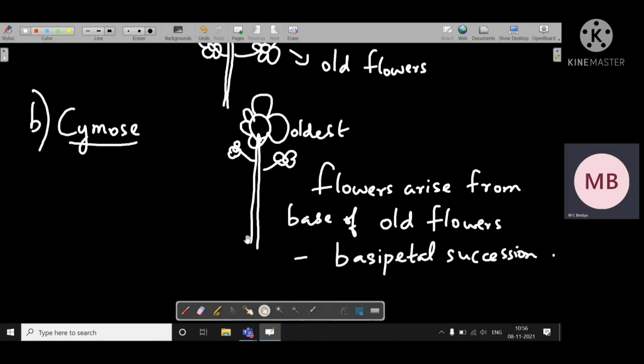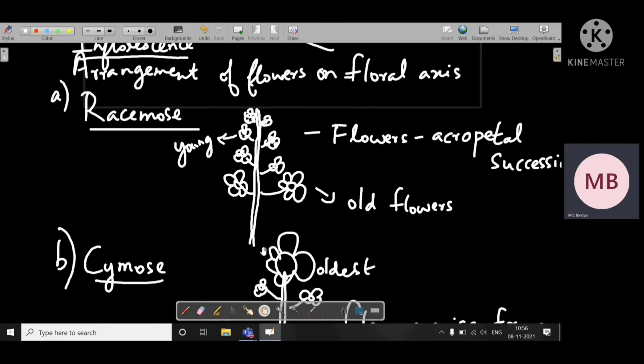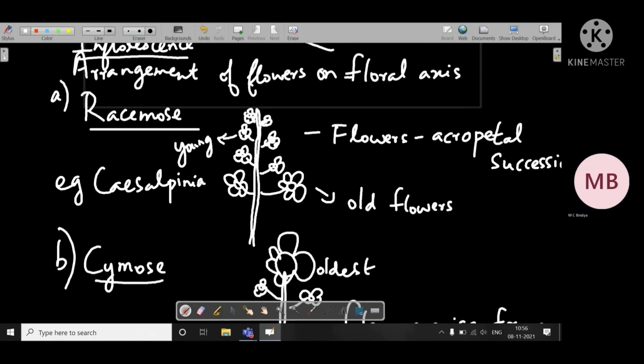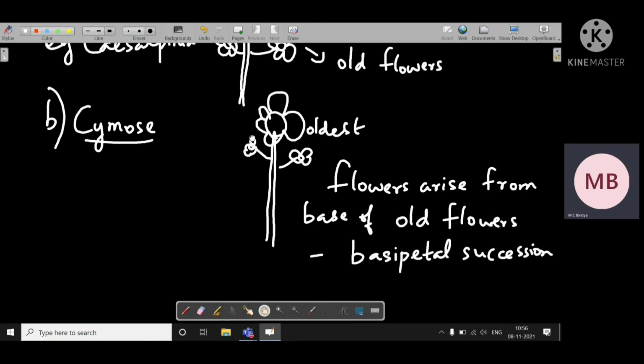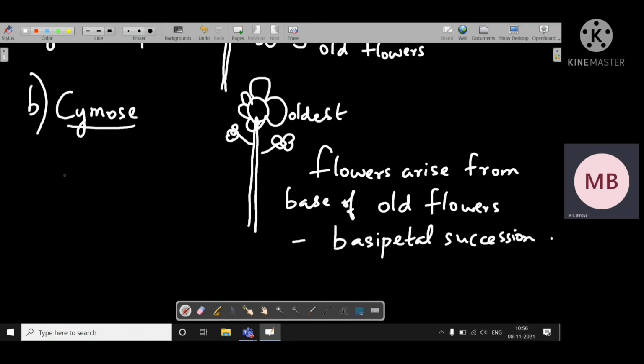Now regarding the examples, racemose inflorescence, this kind of pattern can be seen in flowers like caesalpinia, where the oldest flower is seen at the base, whereas the cymose type of inflorescence can be seen in jasmine, where the oldest flower is found at the tip.